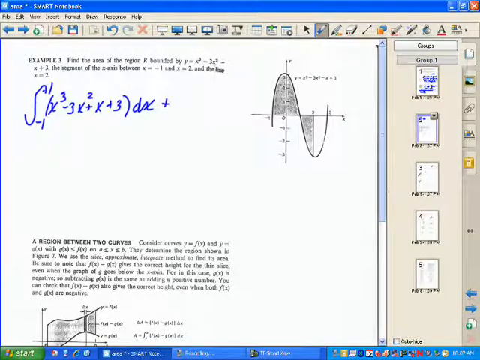And I want to add to that. There. And we could put a -0 on the end because that's the bottom.